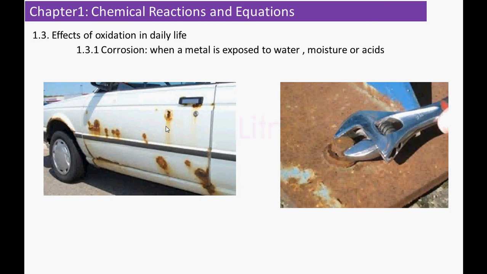Similarly, you can see here how this nut has been corroded. We spray oil on spanners or other tools. Generally on some tools we spray some oil, some grease. When grease is there, water or moisture doesn't come into contact with the tool metal, and it avoids corrosion of the tools.